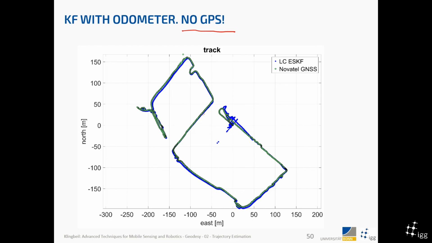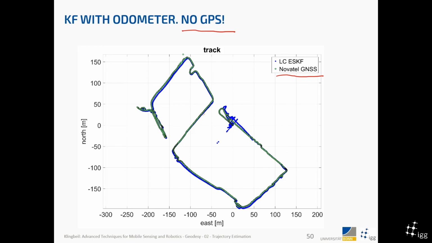What we do here is we compare with GPS, right? So the green dots here are RTK GNSS observations with an accuracy of a few centimeters, let's say, depending on where you are on the trajectory.